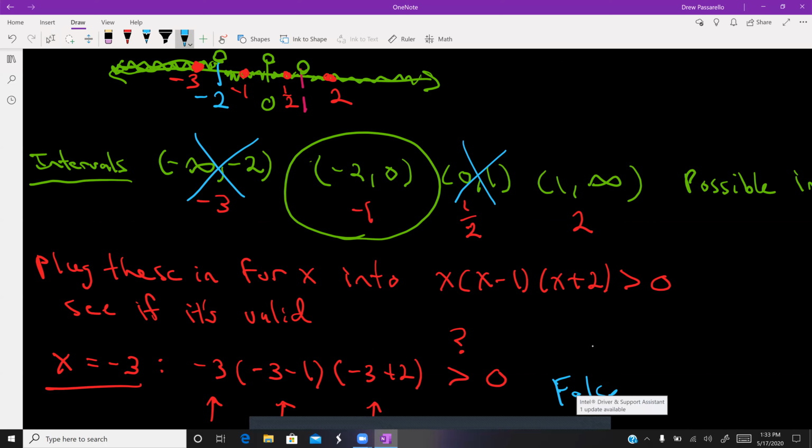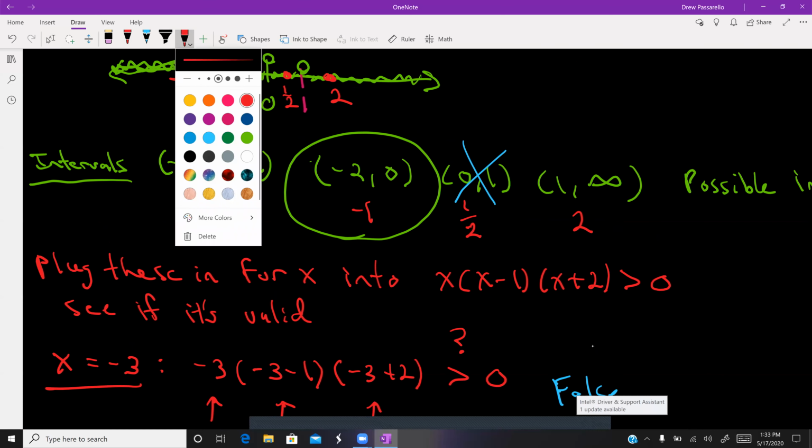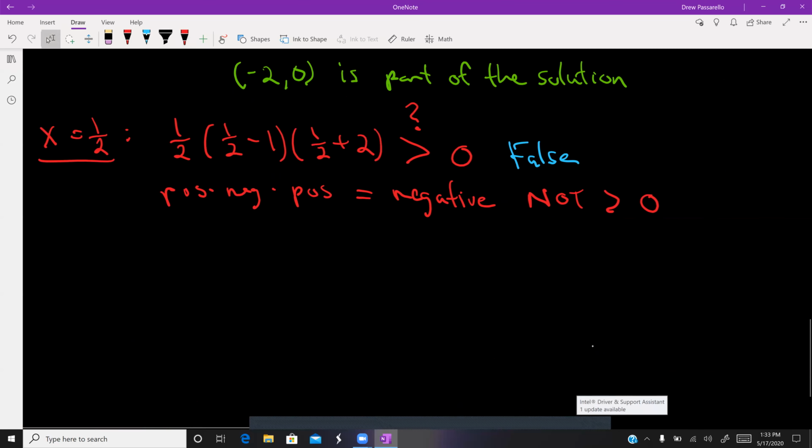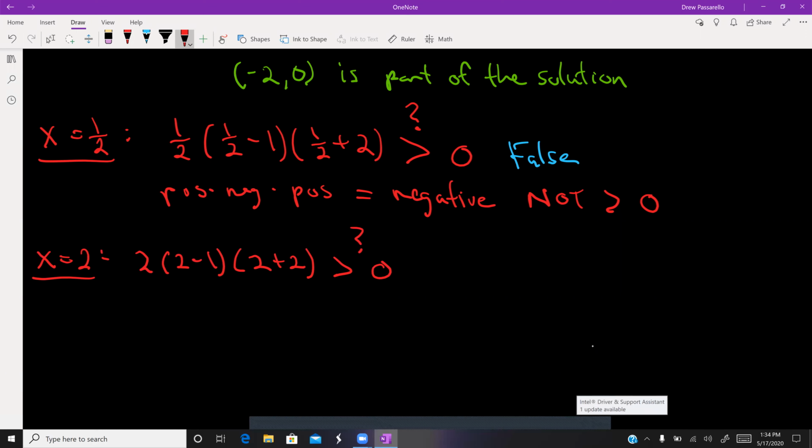Now I check the remaining one, 1 to positive infinity. So I plug in 2. So it'll be 2 times 2 minus 1, and then instead of 1/2 plus 2, it'll be 2 plus 2. And then I ask, is that greater than 0?